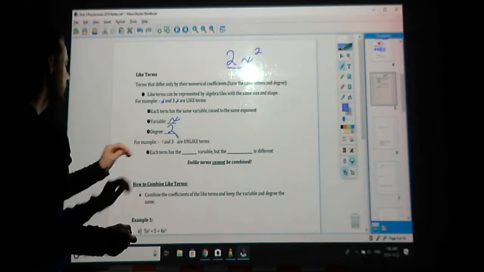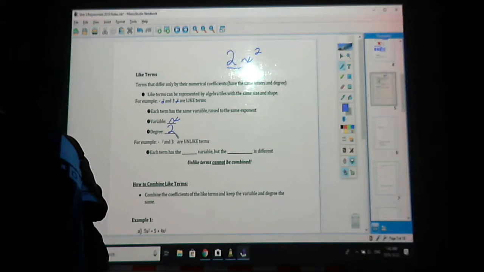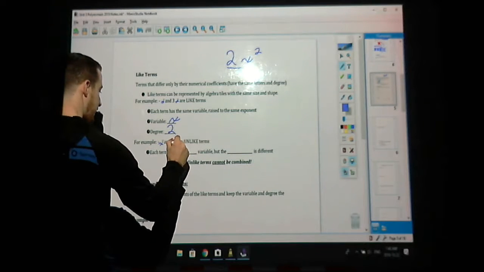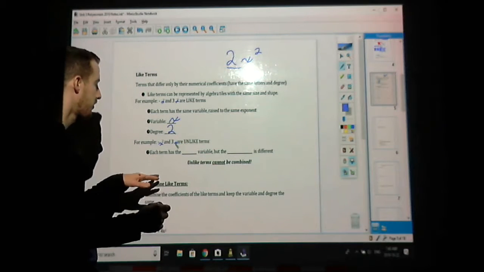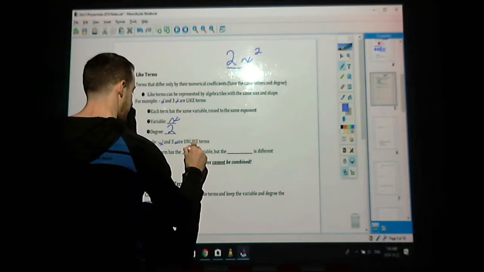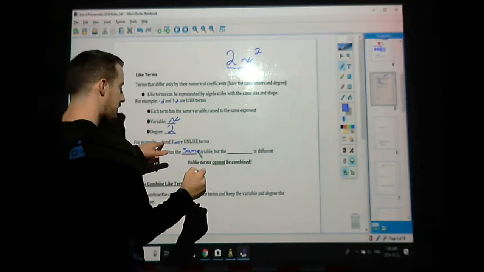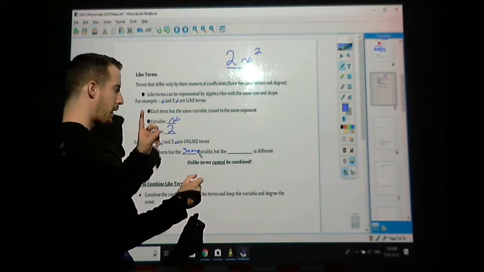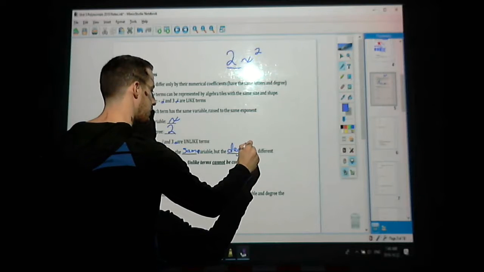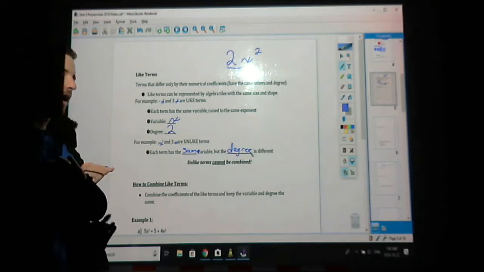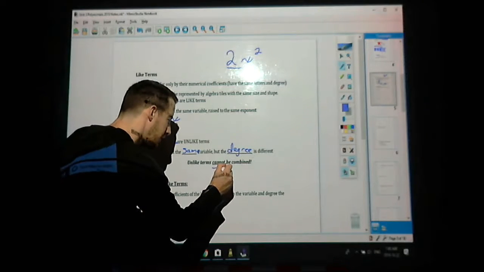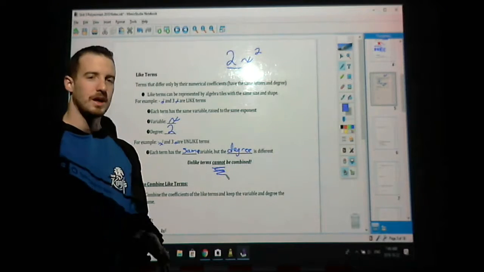Okay, so for example, negative x squared and 3x are unlike terms because each term has the same variable, right? We have x, but the degree is to the power of 2 and to the power of 1. So the degrees are different, so they're unlike terms, and they cannot, I will reinforce this, cannot be combined.